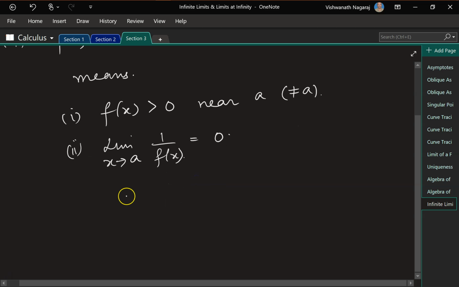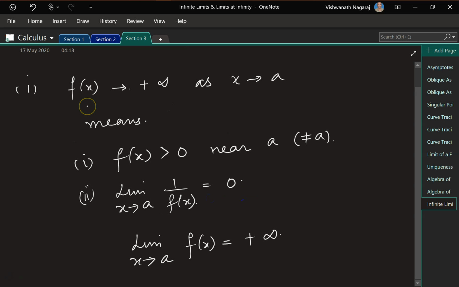So we write this as limit as x approaches a of f of x is equal to plus infinity. So try to understand it and internalize it, because this is really going to be very useful in problem solving.